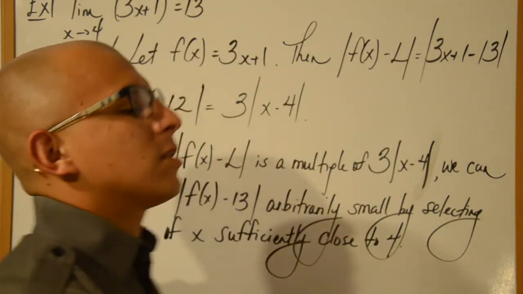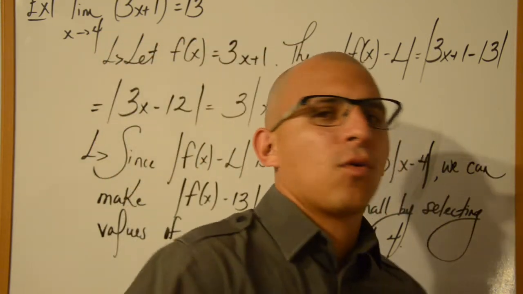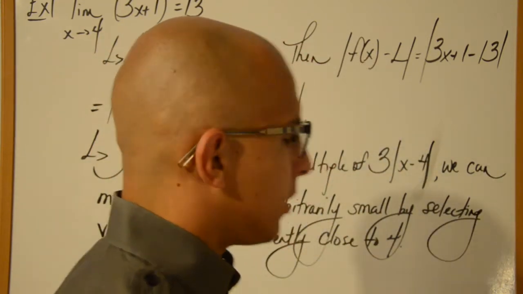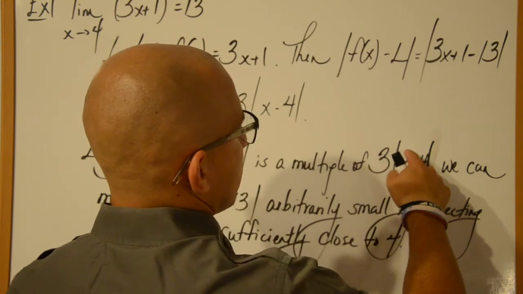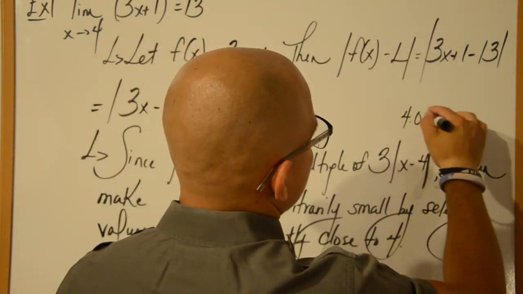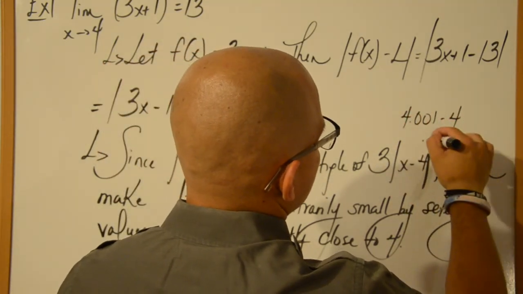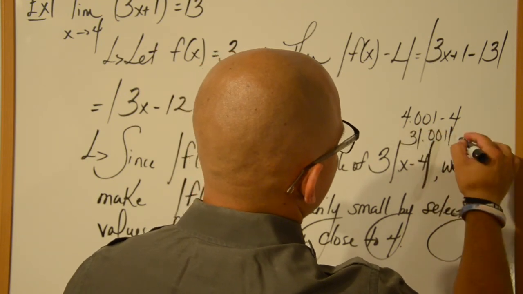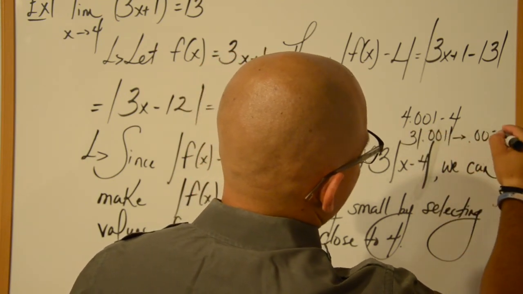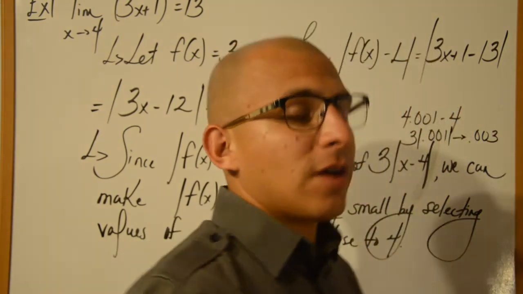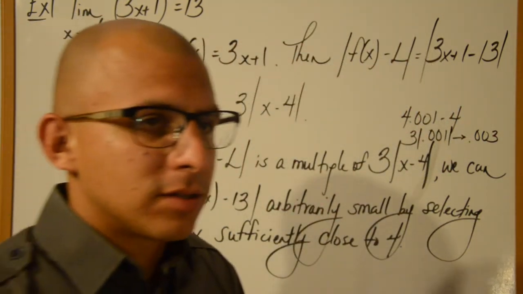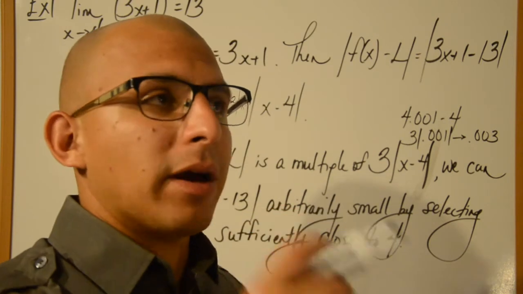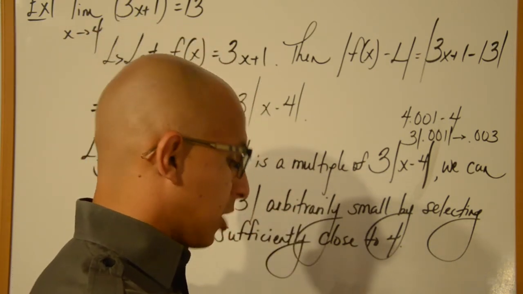Because if I selected a value sufficiently close to 4, let's say 4.001, and I substituted in here, well, 4.001 minus 4 is going to yield me 0.001, which I would then multiply by 3, and would yield me 0.003.